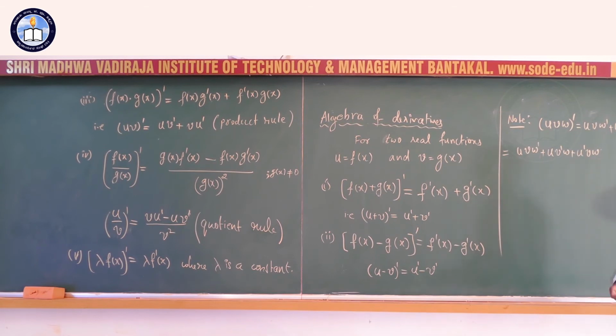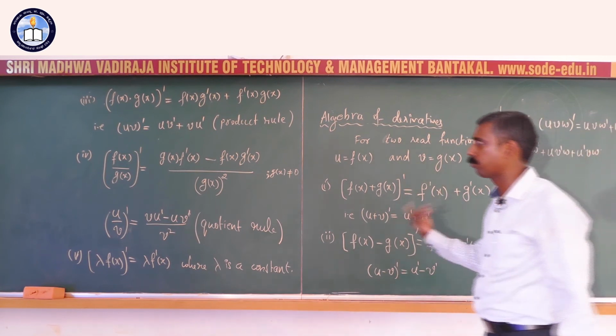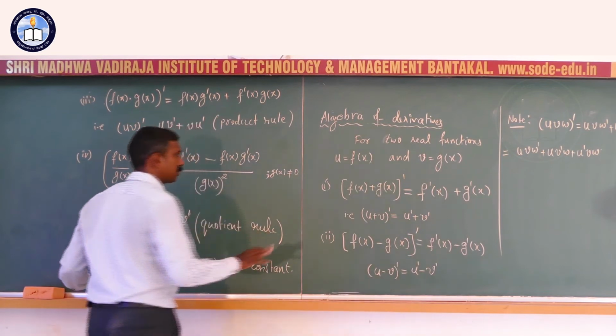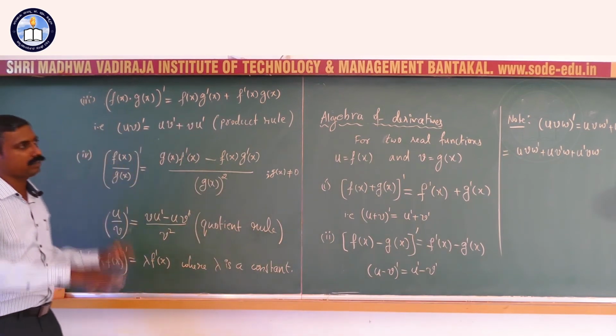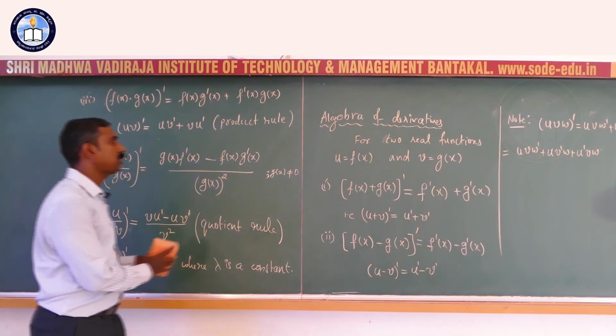Suppose four functions are there, one function is differentiated, others are constant. Whenever you differentiate one function in a product, the other functions remain constant and finally everything is added. That is the product rule.